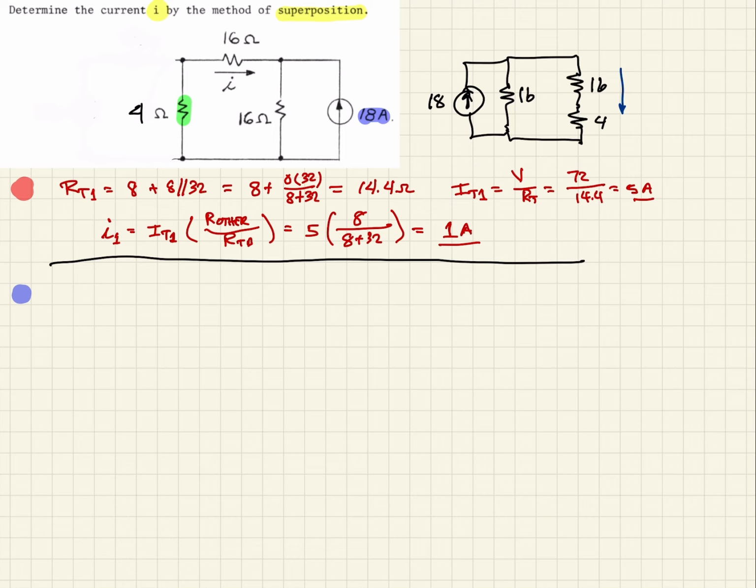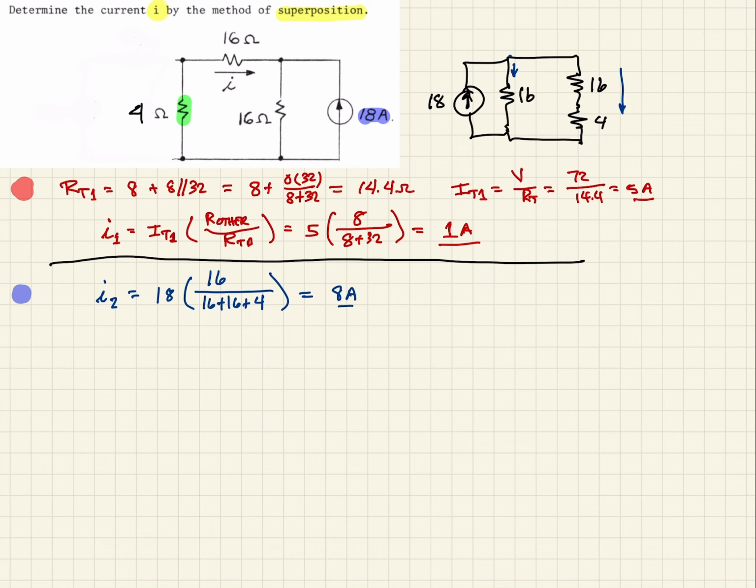And so this again is just a current divider. So we can write this pretty easily then. So now our I2 is going to be 18, which is our current source, times the branch we're not interested in, which is this branch. So that's 16 over the total. So that's going to be 16 plus 16 plus 4. And so when we add all that up, what we get is 8 amps.